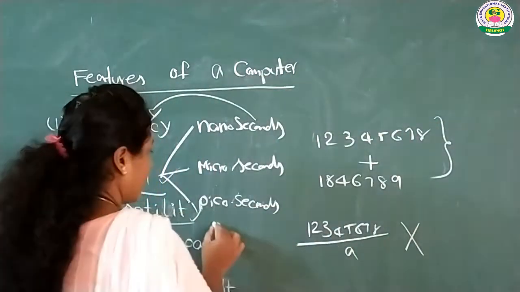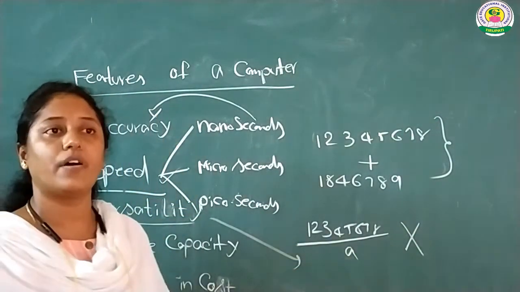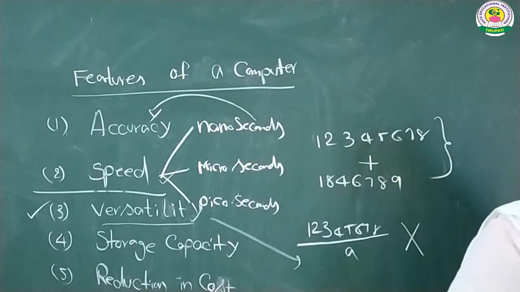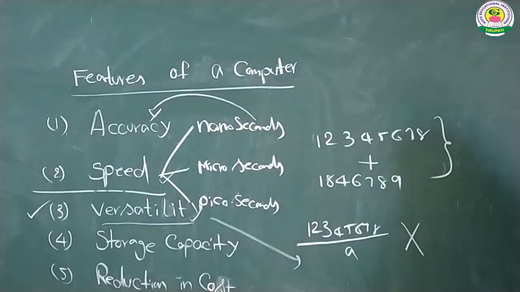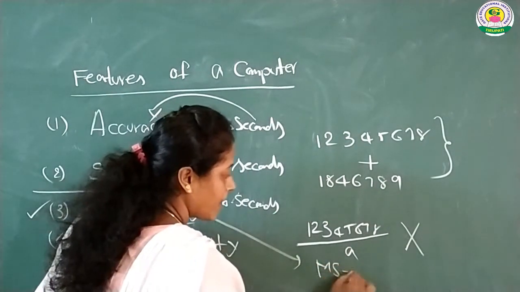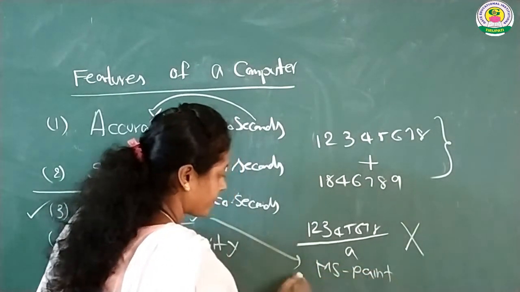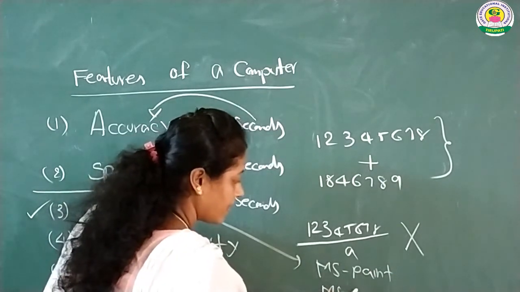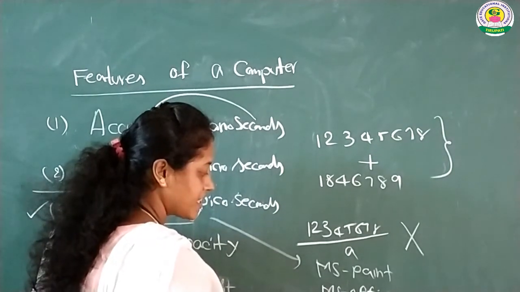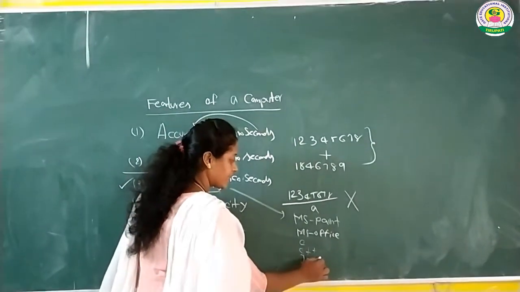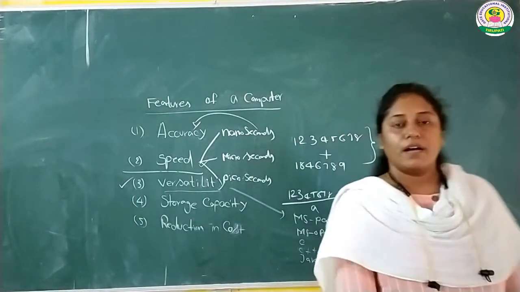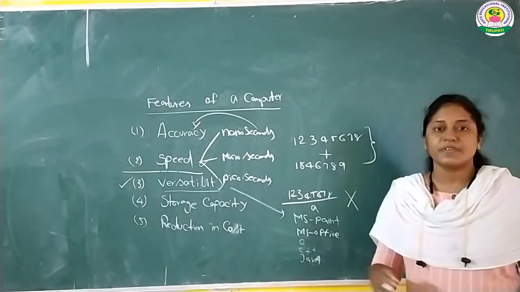Here, when you are using computer science and when you are becoming familiar with computer programming languages and application-oriented languages, then we have different kinds of applications like MS Paint, MS Office, and some other programming languages like C, C++, Java, etc. Now I am going to work with a computer.